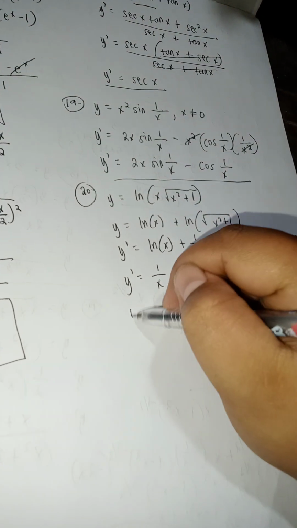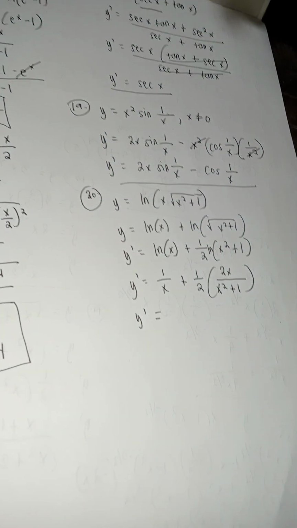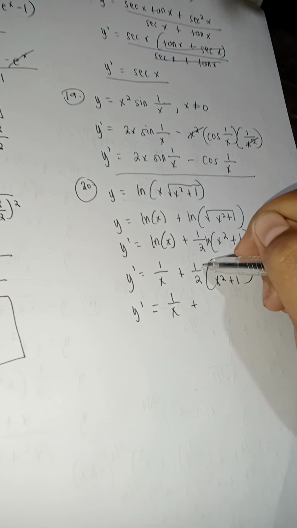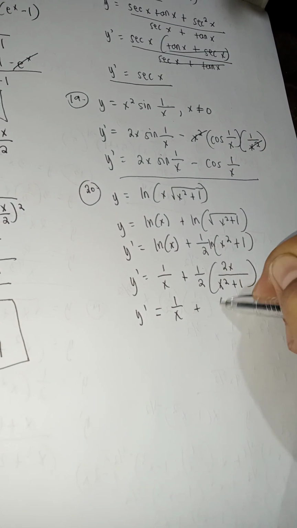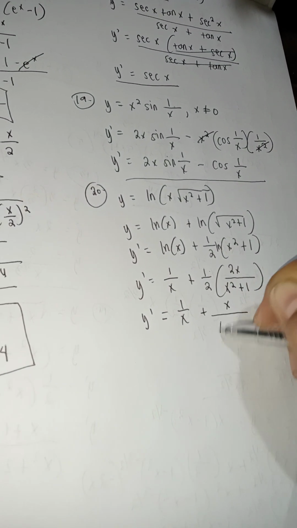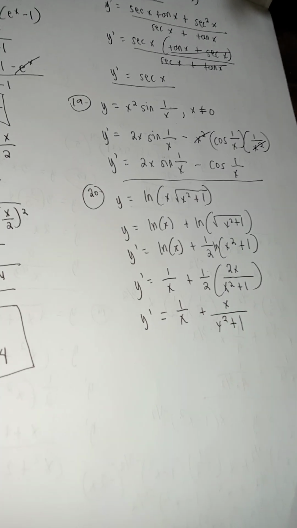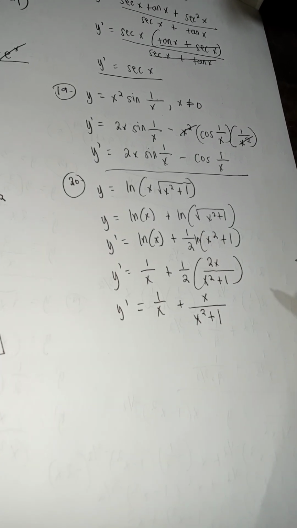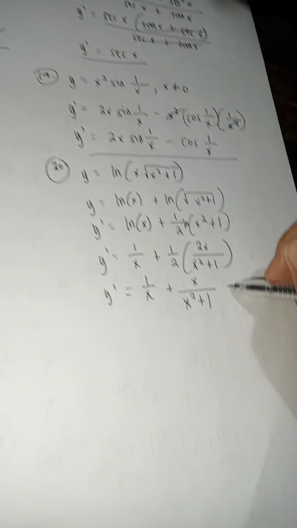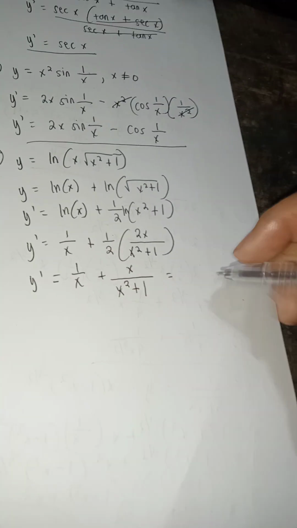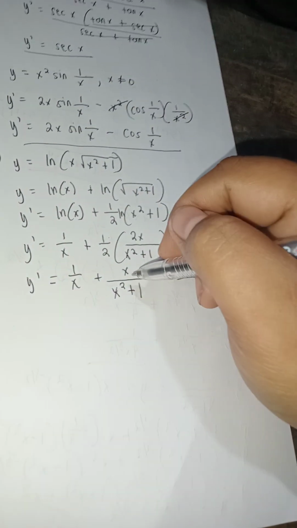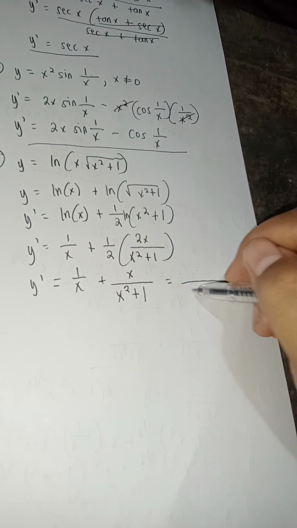After that, y prime is equal to 1 over x plus 1/2 times 2x, which is x over x squared plus 1. After that, we can get its common denominator, or we're going to combine it into one fraction.